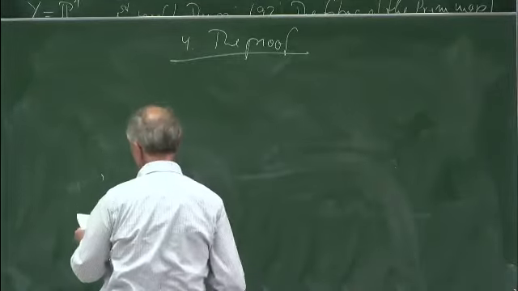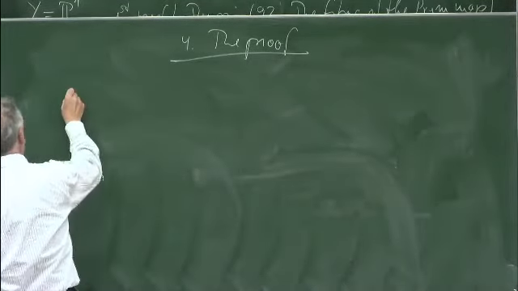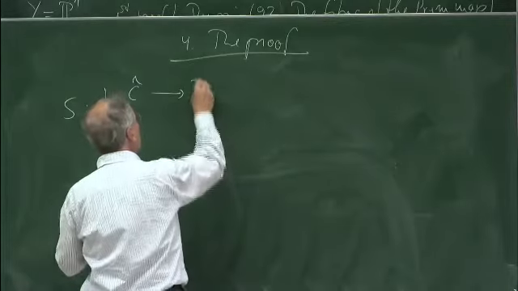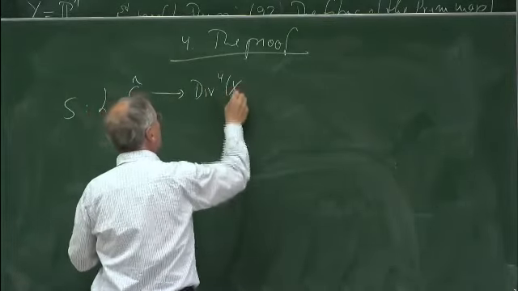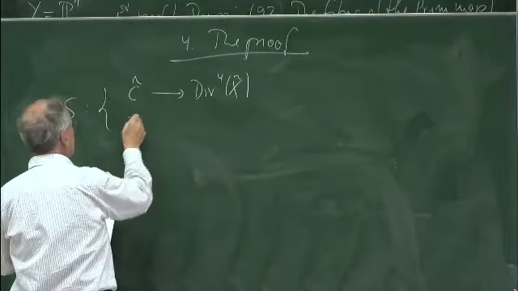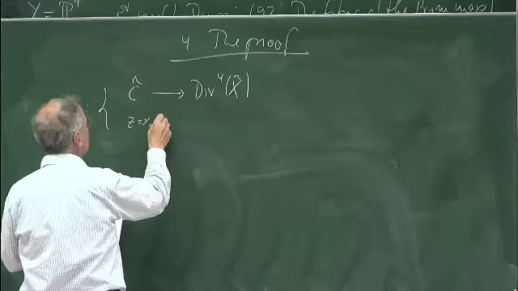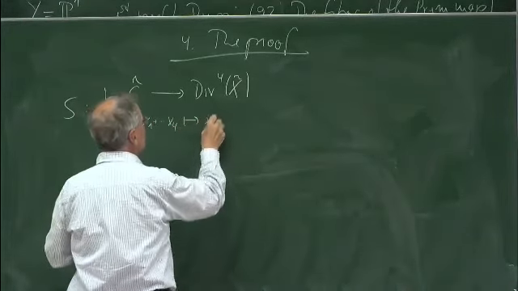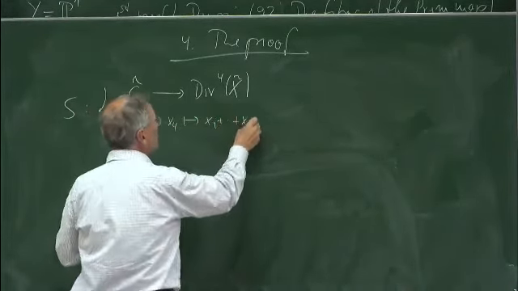Recall the correspondences S and S tilde. S was from C to divisors of degree 4 of X tilde, by associating to a point Z equal to x1 plus x4, just the divisor x1 plus x4.